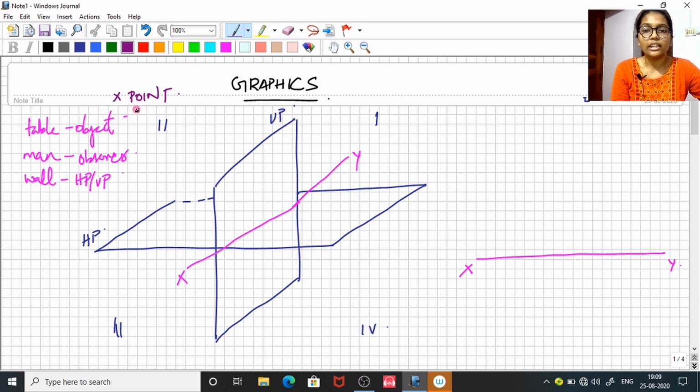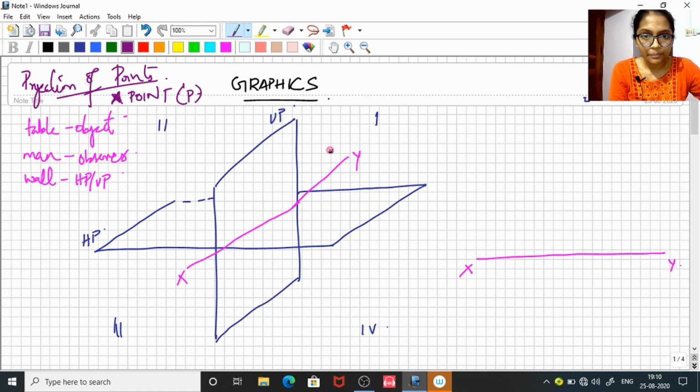First of all, let us have projection of points. The heading is projection of points. Our point, let us name the point as P. I am going to place this table or this point P in the first quadrant.